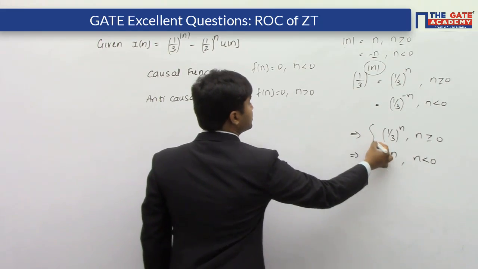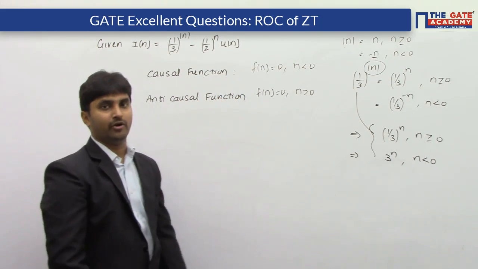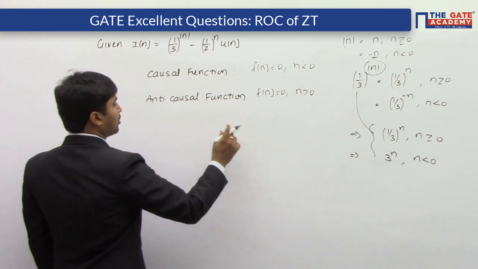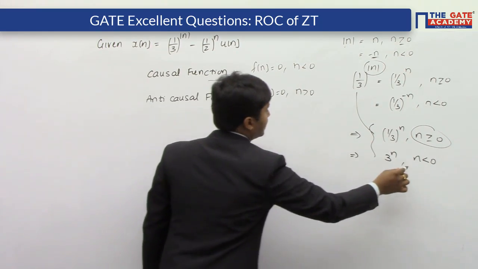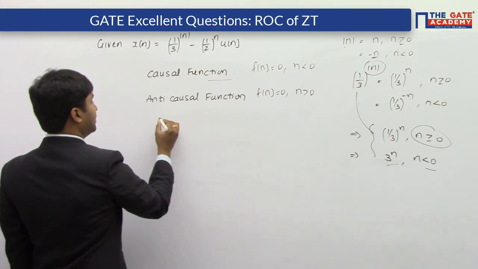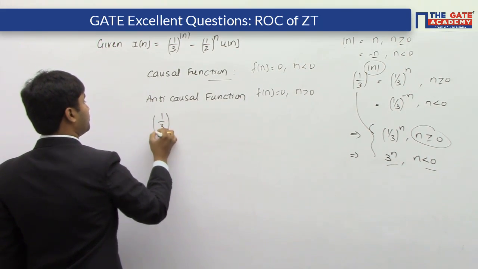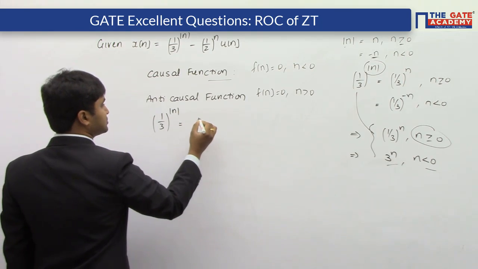So this is your function (1/3)^|n|, where for n greater than or equal to 0 it is the causal part, and for n less than 0 it is the anti-causal part.